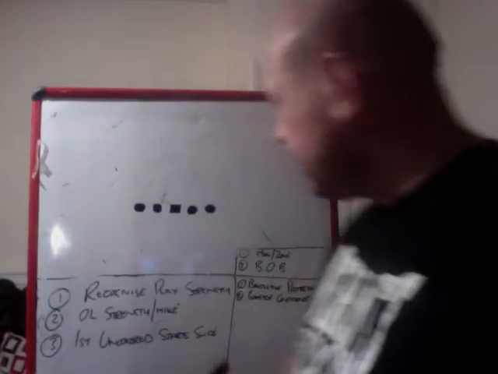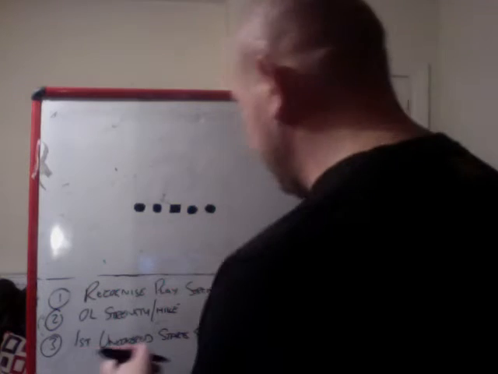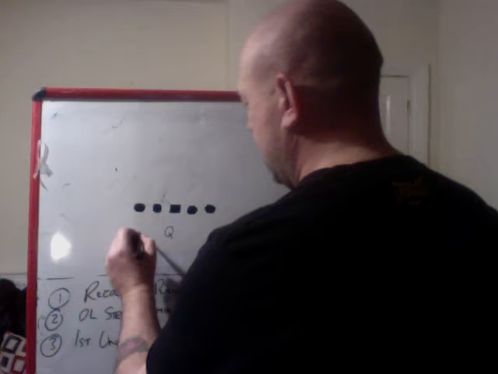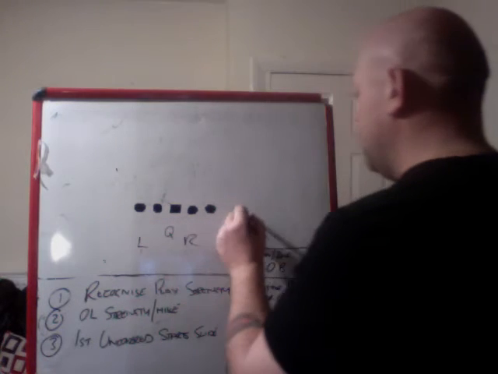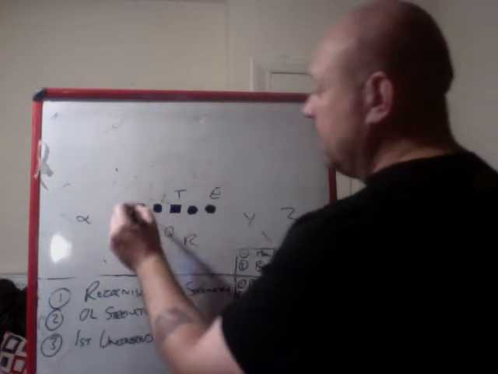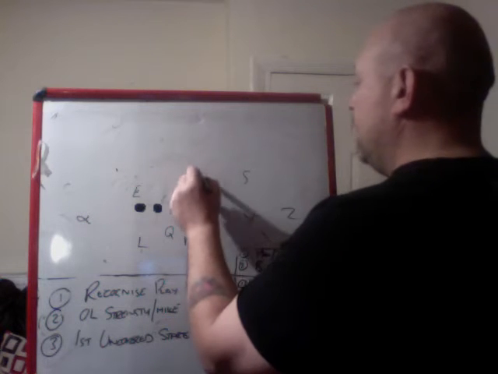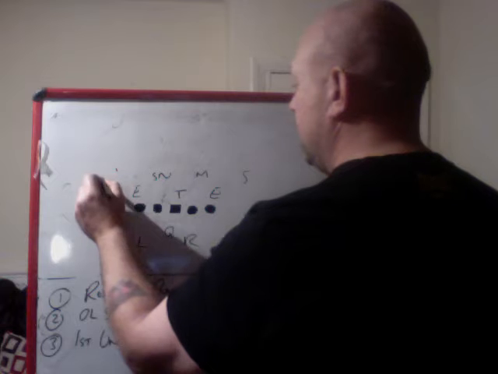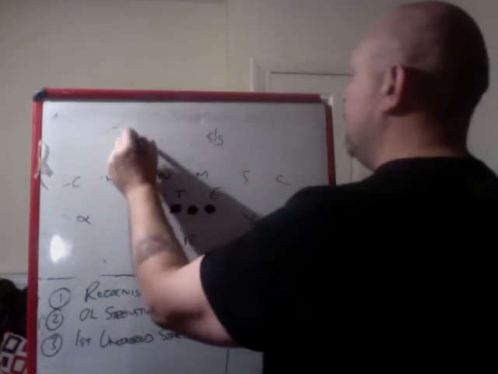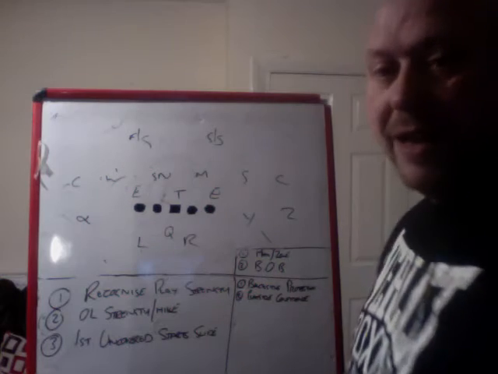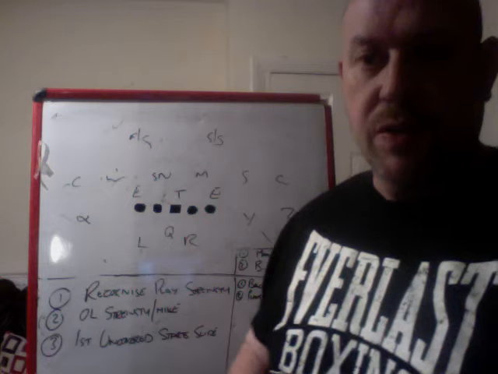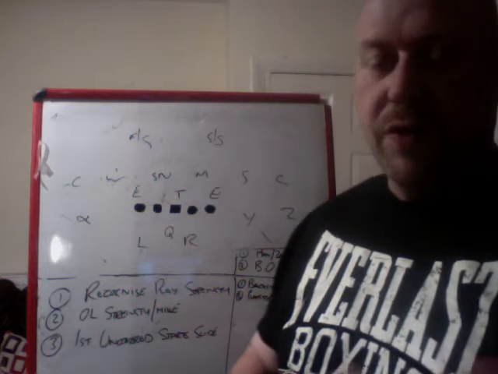So we'll draw up the offense and the defense. What we'll do is we'll work to a nice balance set to start off with, because it's easier to understand, but also as well the 3-4 and the 4-3.